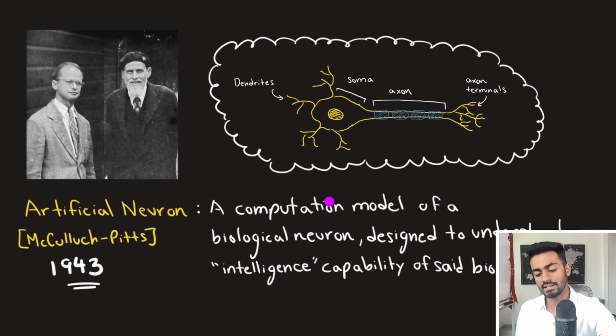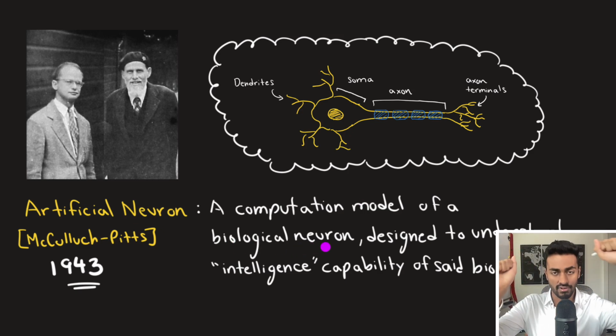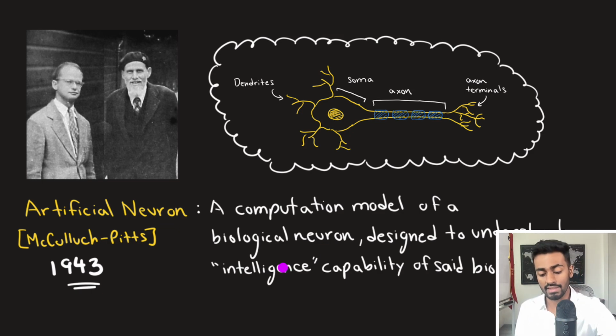In this case, the model is of the biological neuron. So we take the complex signal processing of a biological neuron, and what they've done is broken it down into a sequence of simple steps that require computation. And they did this in order to understand the intelligence capability of the said biological neuron.